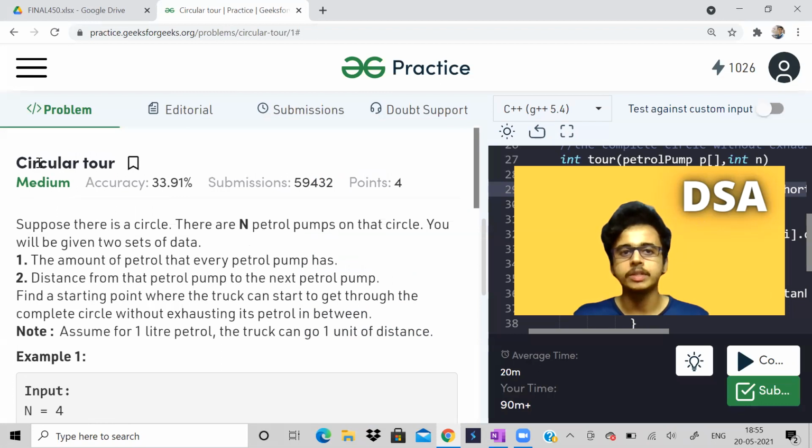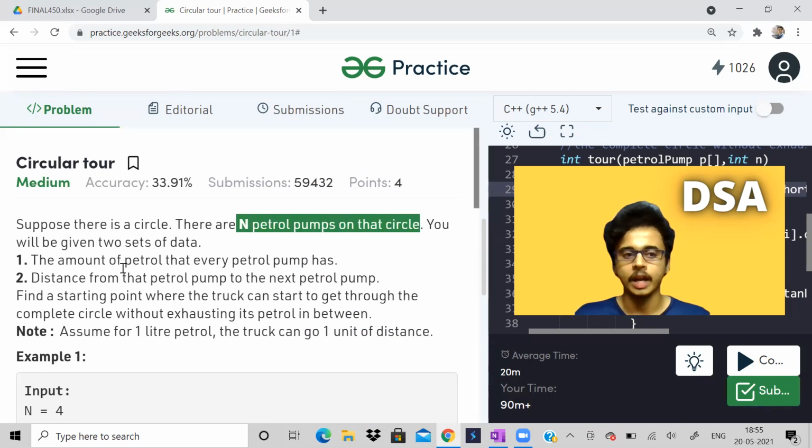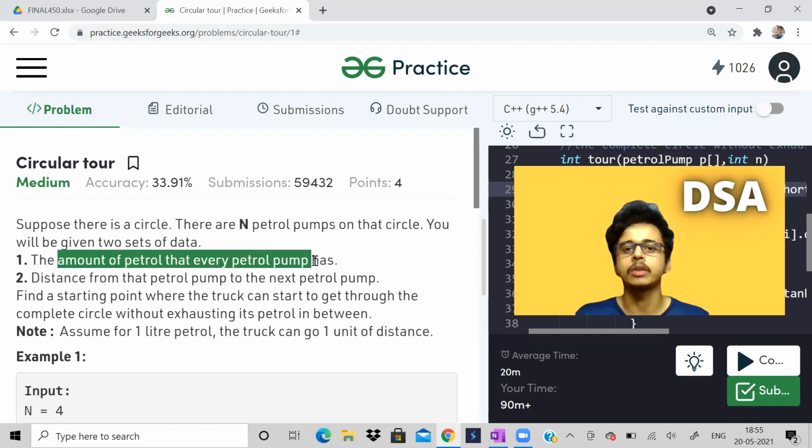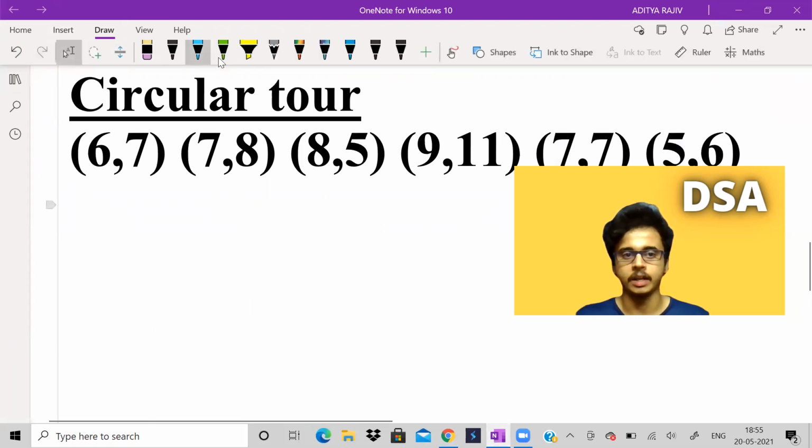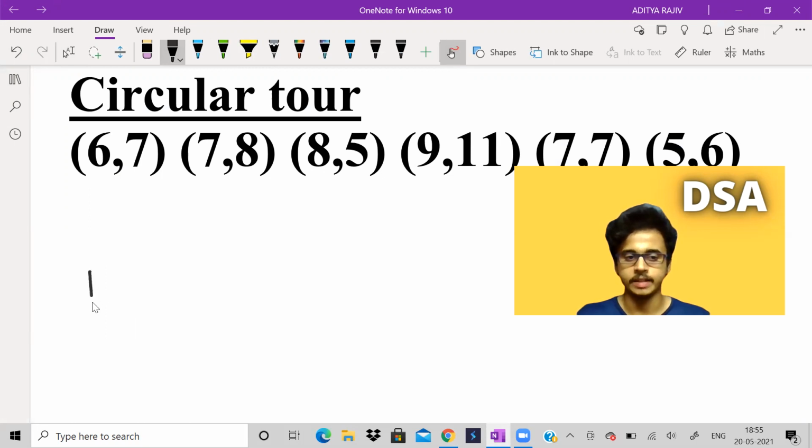So the problem is called circular tour. Suppose there is a circle and there are n petrol pumps on that circle, and we are given two datas: amount of petrol that every petrol pump has and distance from the petrol pump to the next petrol pump. Just for explaining, let me take an example.